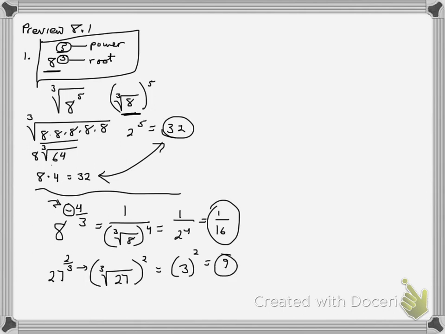If I were to do this just with variables, a to the negative p over q, I'm going to now apply my negative to this, and this will be the same as 1 over a to the p over q. Whoa, that's not a p.